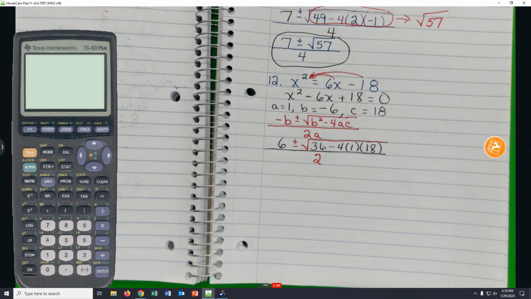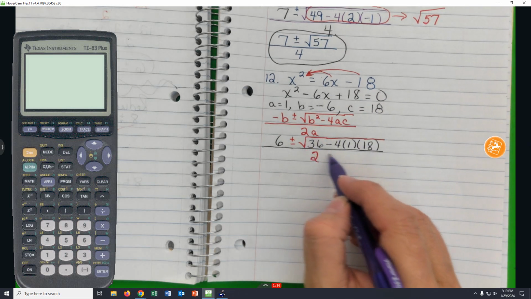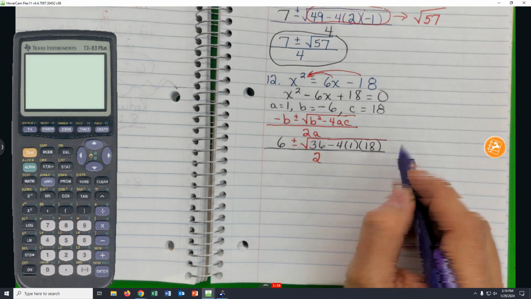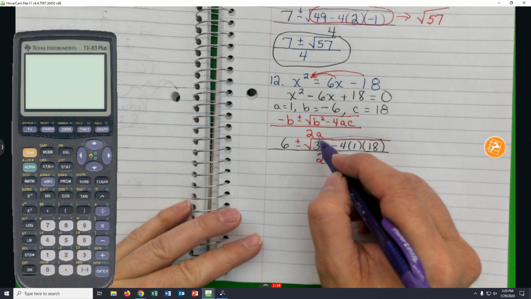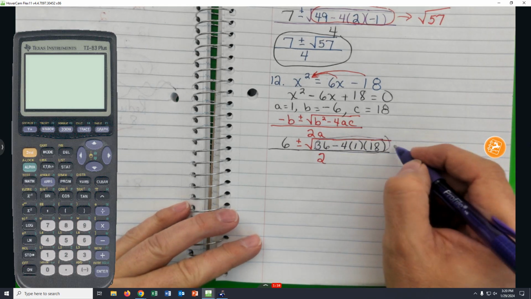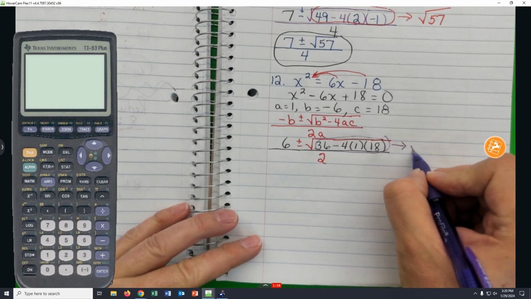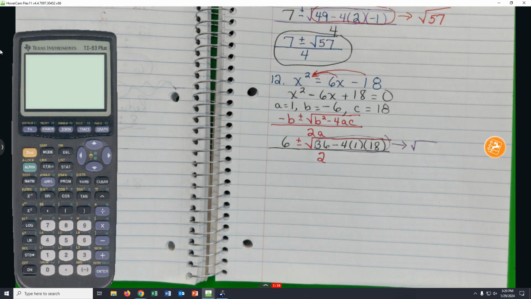What am I about to do now? Simplify under that square root. So let's see. Where's my calculator? We clear it off. 36 minus 4 times 1.